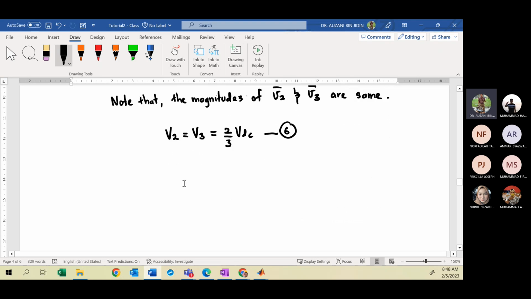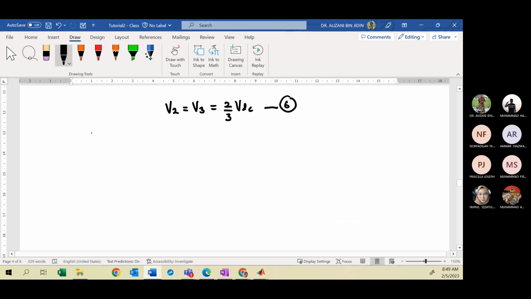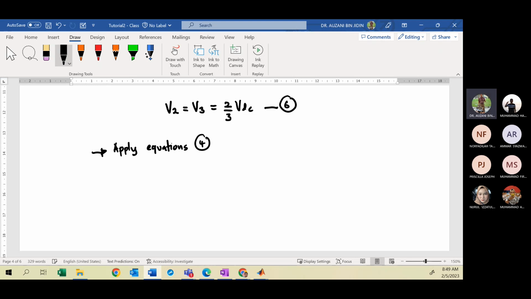So then from here, you have to apply equations 4, 5, and 6.